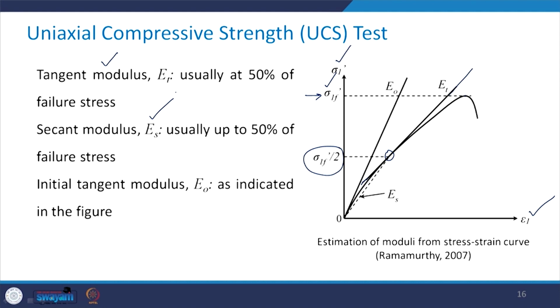Then the initial tangent modulus is defined as the slope of the tangent drawn at the initial portion of this stress strain response. You see, this is the initial portion. You draw the tangent here, and whatever is the slope gives you the initial tangent modulus, which is E naught. That is how different moduli are obtained from this stress strain curve.